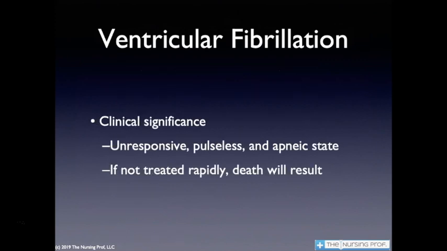The clinical significance is that the patient does not have a blood pressure and a pulse. We are circulating, if we're circulating anything at all at this point, blood that is unoxygenated, with no blood pressure and no pulse. So really we have clinical death.